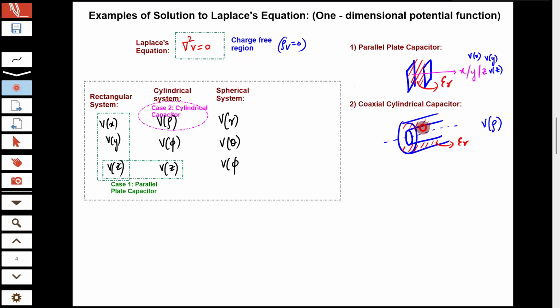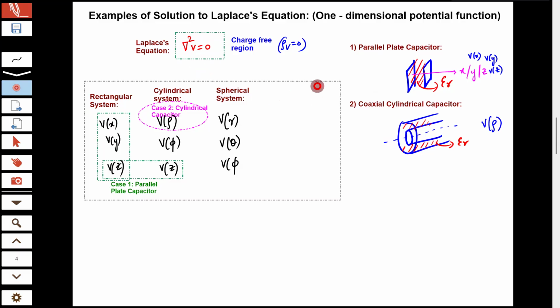But one thing you should know, this is a second order differential equation. Del square V equals 0 is a second order differential equation. To solve a second order differential equation, we need to have two boundary conditions. The two boundary conditions are required to solve for the constants, and the integration of this will give the potential function V. Those constants can be estimated by applying the two boundary conditions.